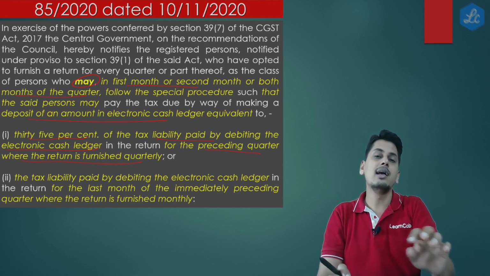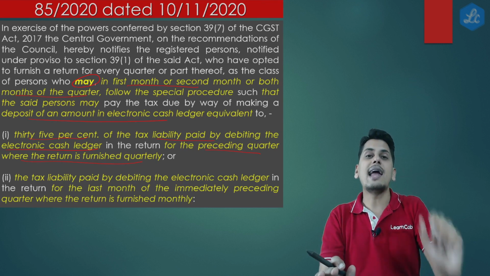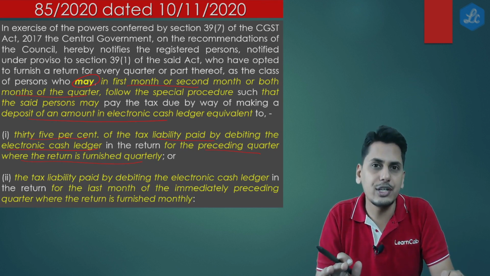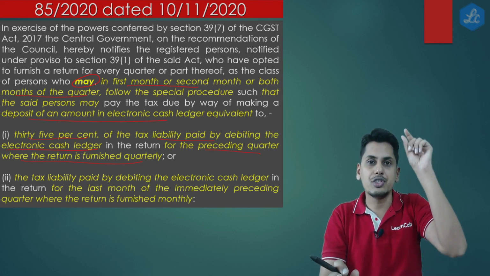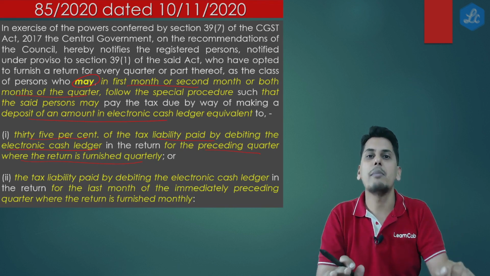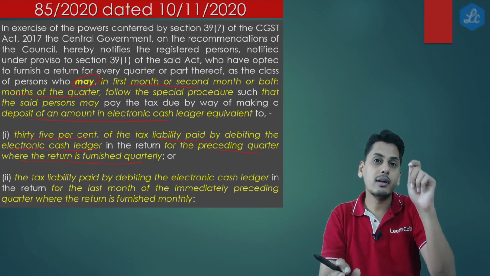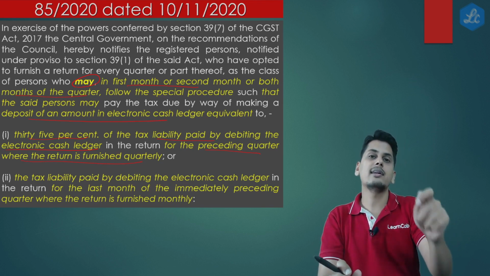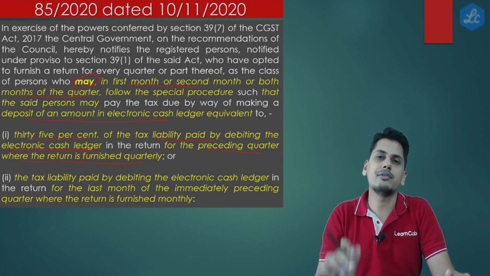In our example, in GSTR 3B of Jan, Feb and March, the amount which has debited your electronic cash ledger is for the month of Jan, Feb and March. Now you need to find out what is for April. So you take it as 35% of that amount.